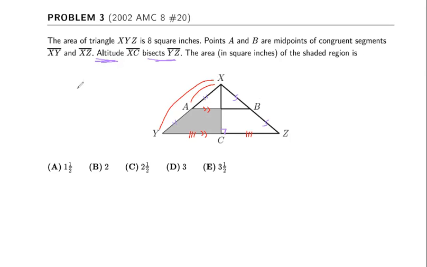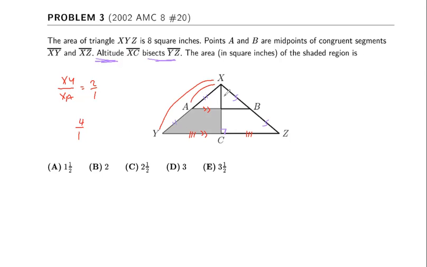So the ratio of XY divided by XA is 2/1. But we already know when you have two similar figures, the area ratio is the square of k, that's the similarity ratio. So if you square this one, that will be 4/1.